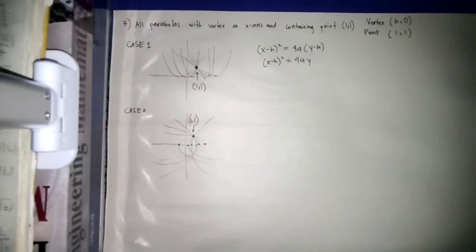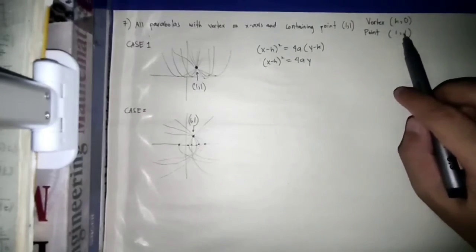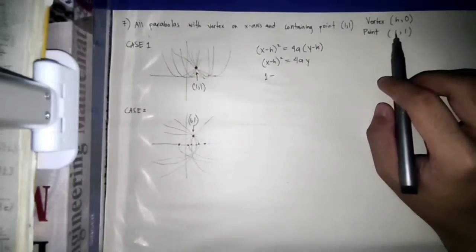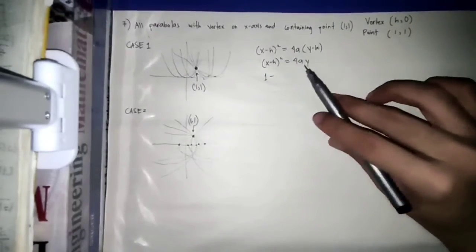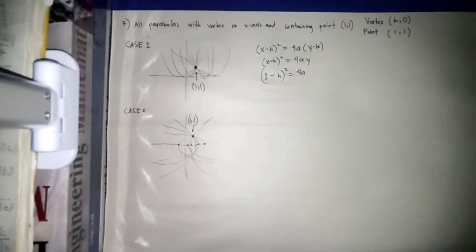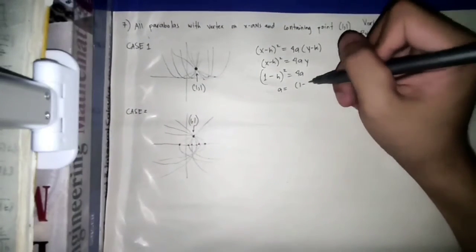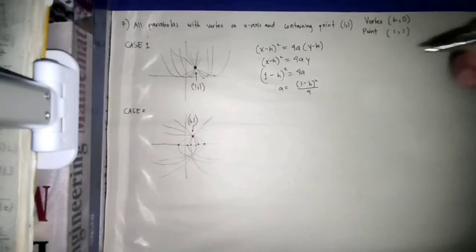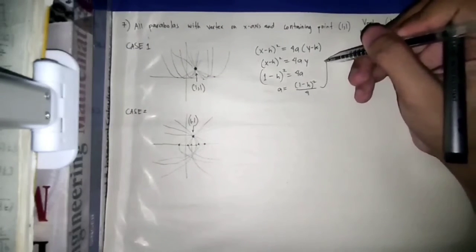And since it passes through point 1, 1, let's substitute values for x as 1 and y as 1. Now let's isolate a. Now let's substitute this onto the equation.